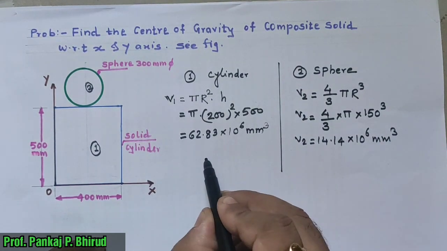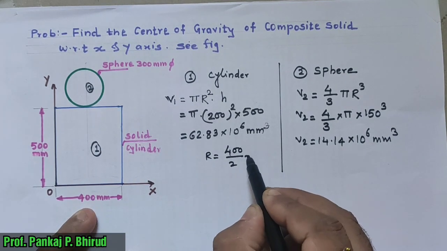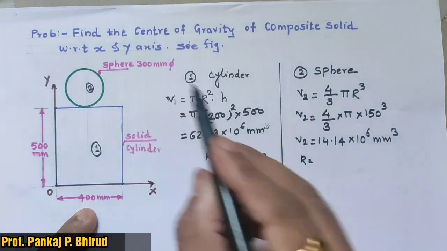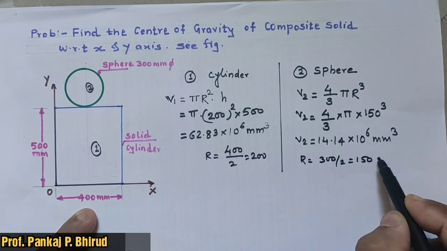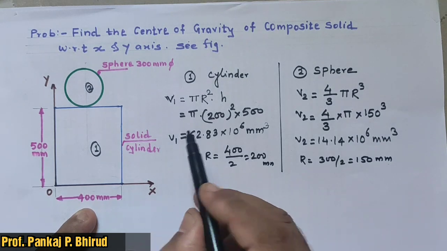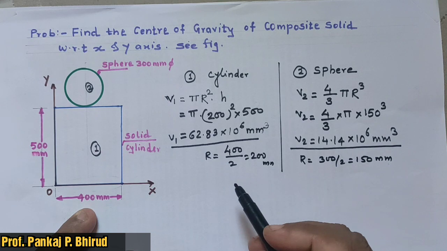For the cylinder, R is 400 by 2, that is 200, and for the sphere R is 300 by 2, that is 150 mm. So we require V1 and V2 for the next calculations.